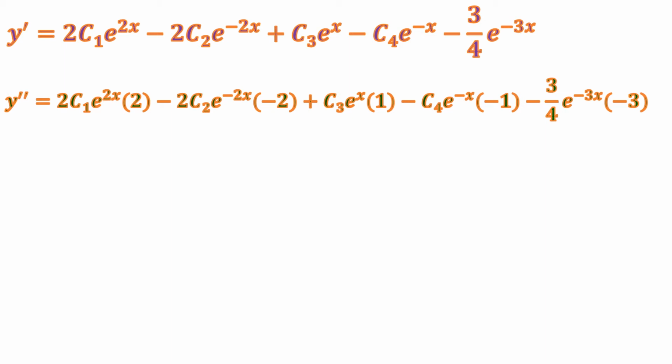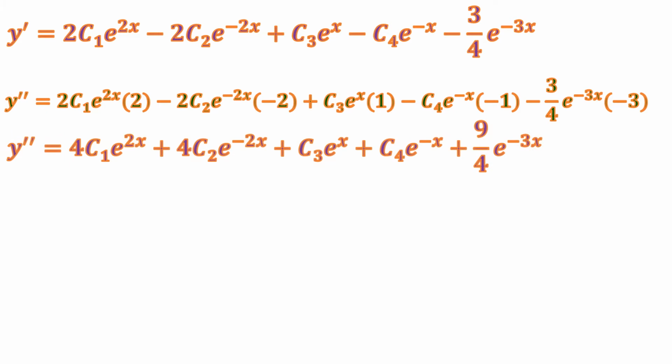The same with negative 2c2 e^(-2x), it will be itself times the derivative of the exponent, which is negative 2. And the same for the rest of the terms. And then we're going to multiply the values. 2 times 2 is 4, negative 2 times negative 2 is positive 4, and the 1 is not necessary to put, and then negative 1 multiplied with negative c4 will be positive c4.